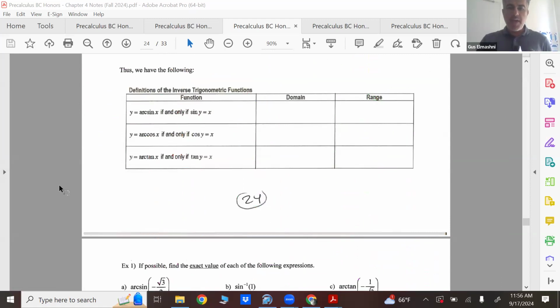So we have the following. y equals inverse sine of x if and only if sine y equals x. So the domain, again, because that's gonna be the output. Likewise here.